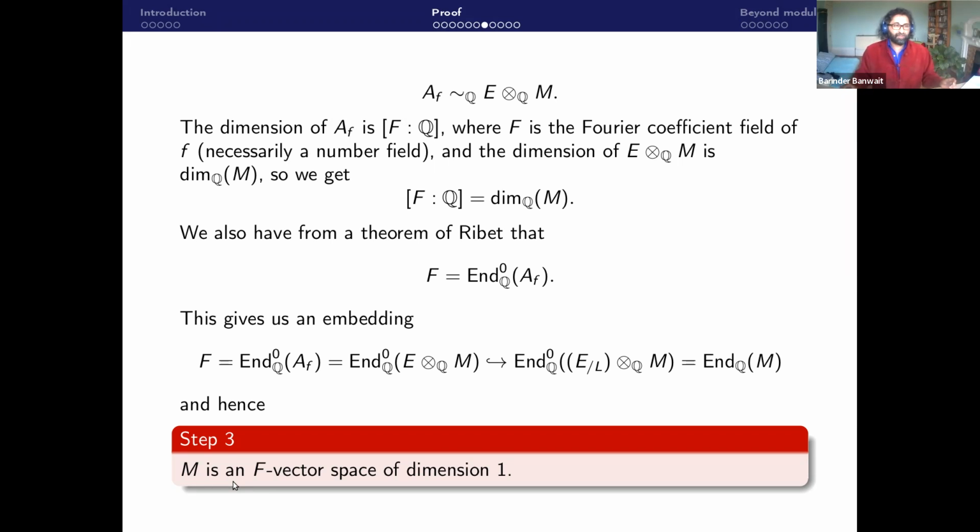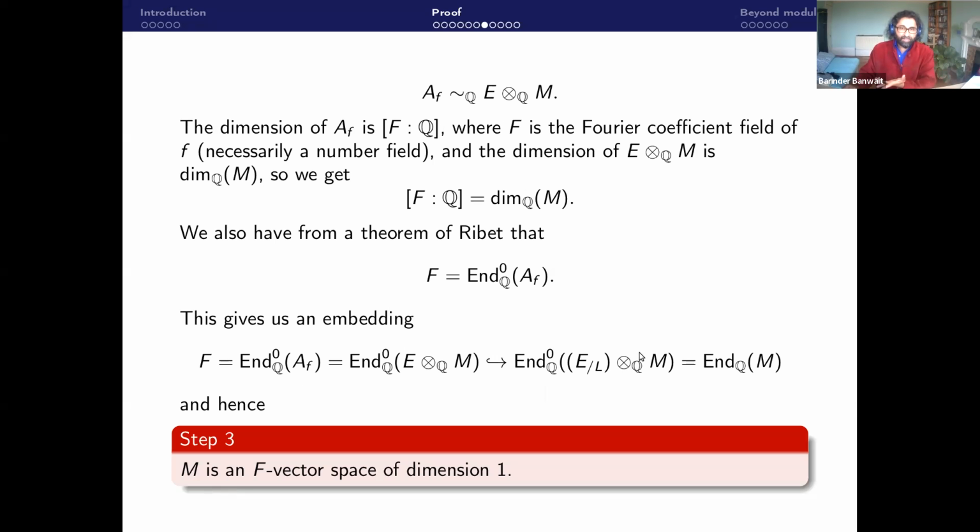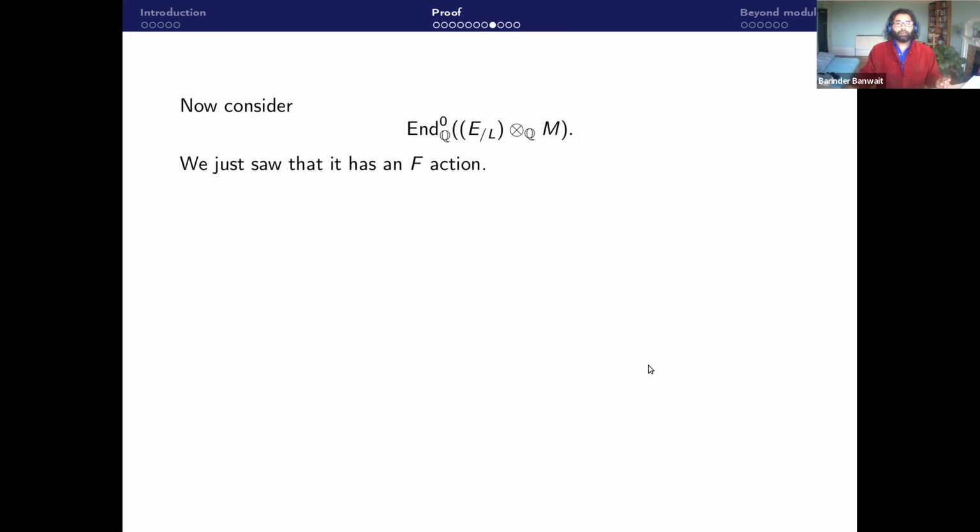We haven't thought too much about the G action yet. So now we're going to take this object again, the endomorphism algebra of E base changed to L, twisted, and we just showed that it admits an action of F because F embeds into this. But we saw from earlier that it admits a G action.